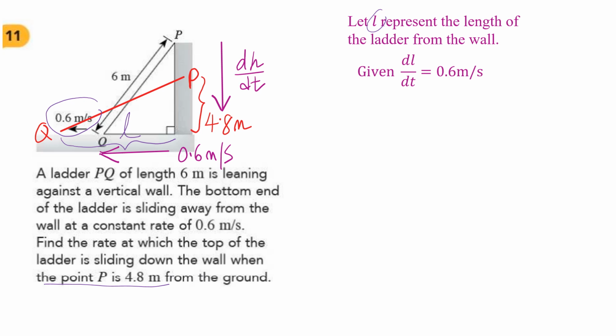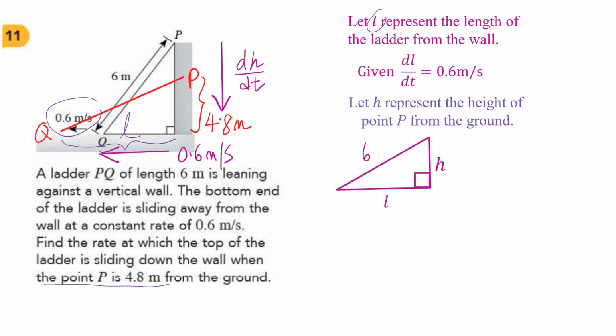And then if you look at this diagram, it's similar to the questions we have done earlier. It's a right angle triangle, so we can apply Pythagoras theorem here. Before that, let h represent the height of point P above the ground. So this is how your right angle triangle will look like. At this point here, we need to make a decision whether we should make L the subject or h the subject.